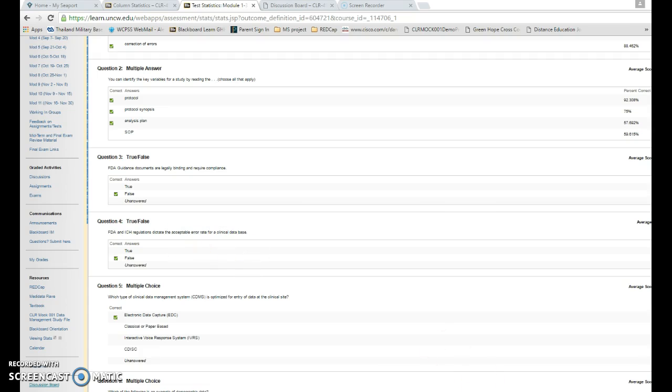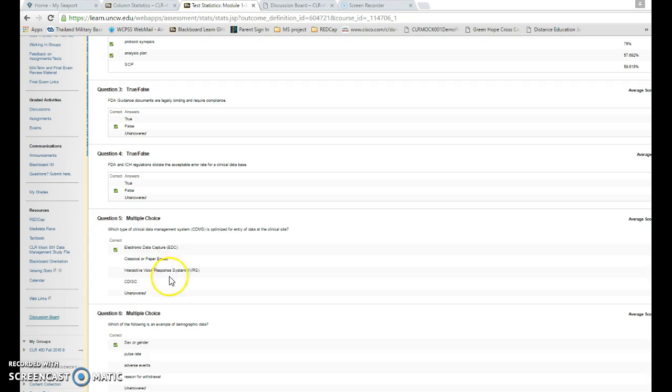The next question here is what type of clinical data management system is optimized for entry of the data at the clinical site? And that's the electronic data capture system. Most of you realized it wasn't paper-based, and most of you understood that CDISC had nothing at all to do with clinical data management systems.